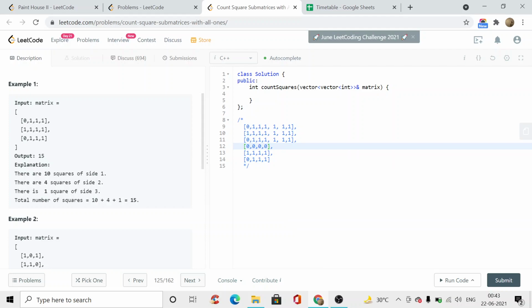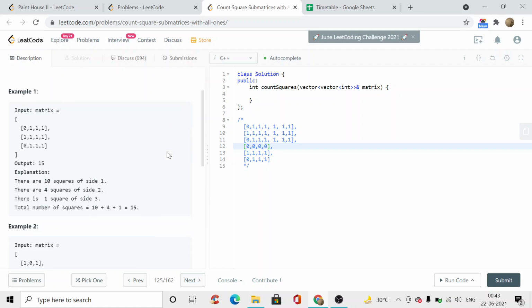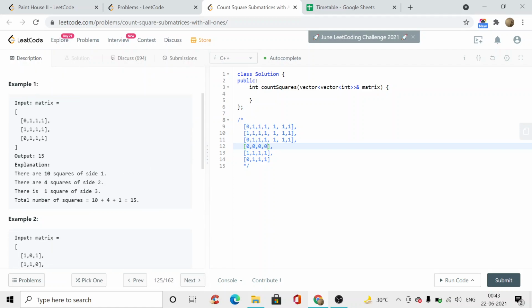Also, if I try to think of a brute force first, how it will be: we go over all elements and check how many of them are ones. That will be for side 1, all elements with value 1.